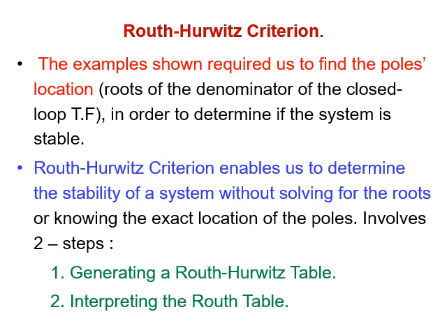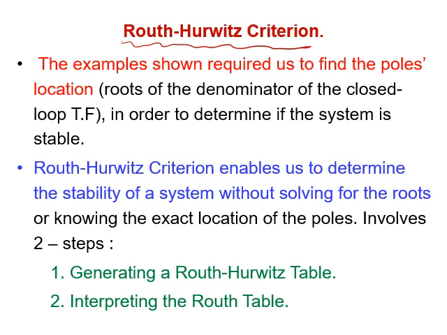For that, we are going to deal with this criterion, which is called the Routh-Hurwitz criterion, to decide on the system stability without doing this kind of calculation. That's one thing. And the other thing, it can even tell me the number of poles at each location, like the poles on the left hand side or right hand side. All this can be done by the Routh-Hurwitz criterion.